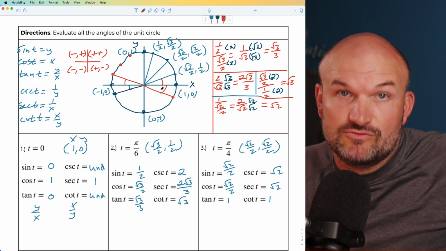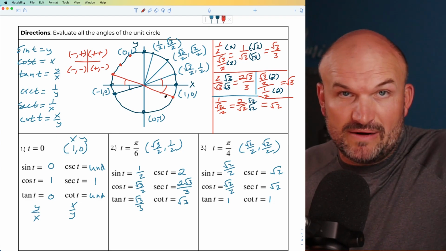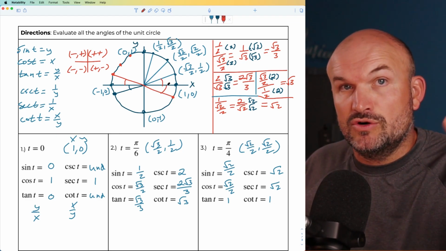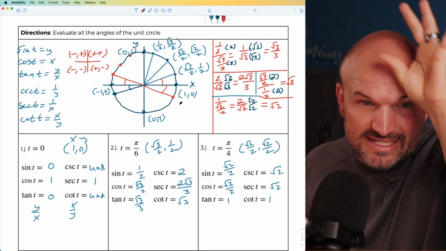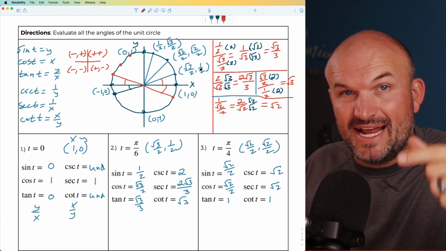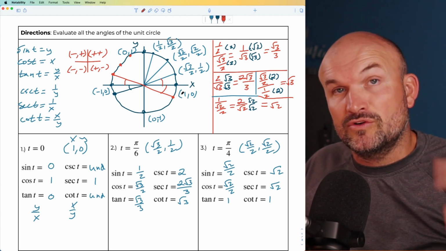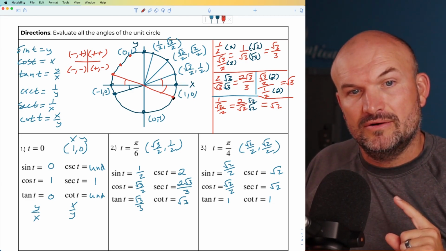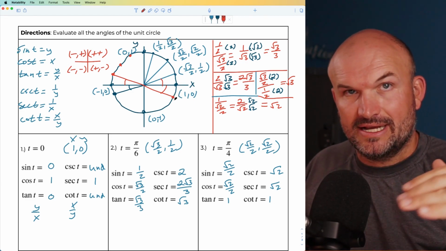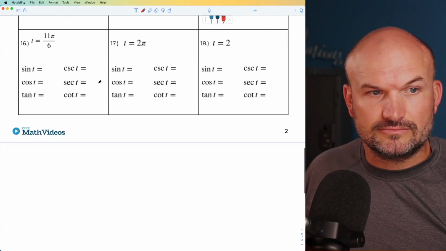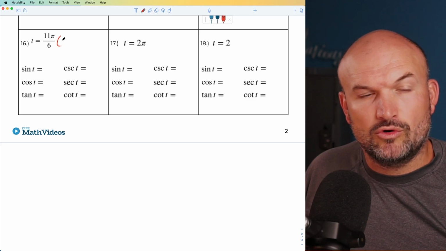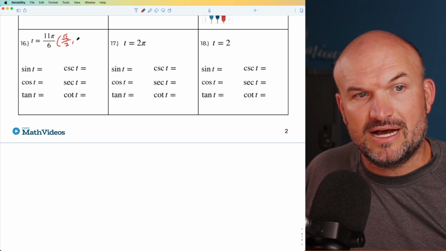Because 12 pi over 6 would be 2 pi, which is all the way around the circle. So if we're at 11 pi over 6, that means we're pi over 6 short. So again, it's going to be the same coordinate point, square root of 3 over 2, comma 1/2, but it's in the fourth quadrant. Therefore, the y coordinate has to be negative, right? Look at there. X is positive, y is negative. So when I'm doing 11 pi over 6, that is going to have my coordinate point of square root of 3 over 2, comma negative 1/2.